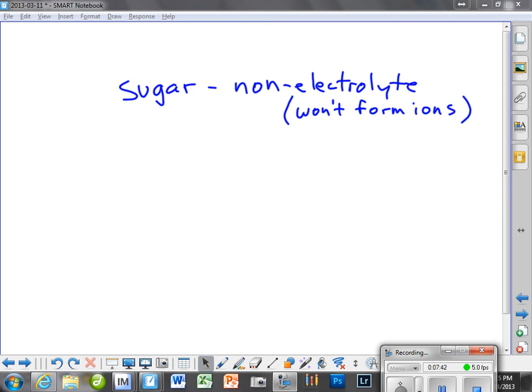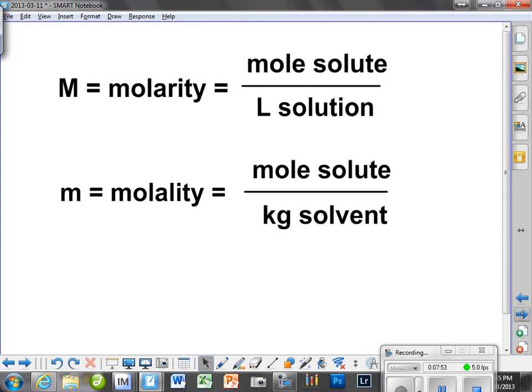That's a pretty good deal. It's 2 for 1. Okay, and it affects the melting and boiling points, which is what this lesson is all about. Okay, you had to have a little background first. So let's move on. We've looked at molarity and molality before, and notice moles of solute.